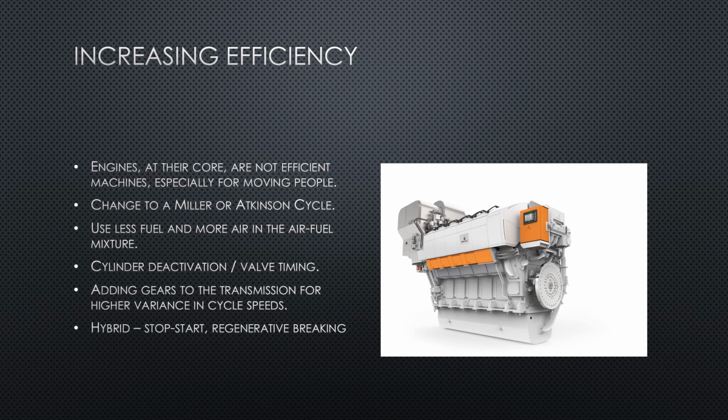And each gear allows for a different amount of air fuel inside of the engine or the amount of cycles per minute, right? And then other ways, primarily you see this in hybrid vehicles, are these ideas of stop-start and regenerative braking processes, which just restore or reuse some of this wasted energy.